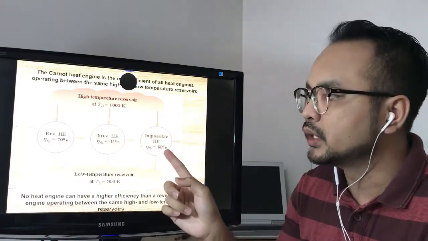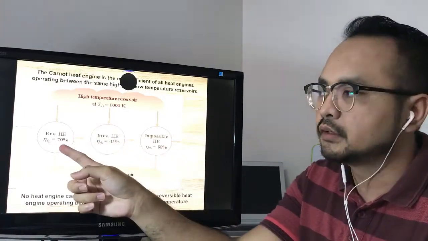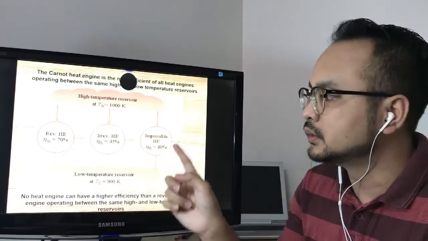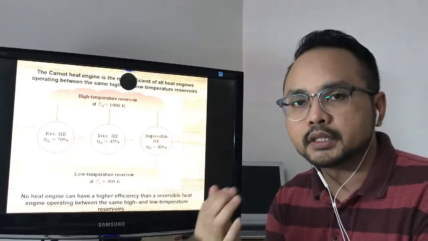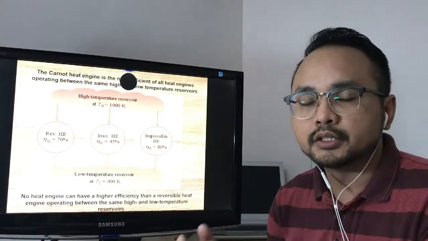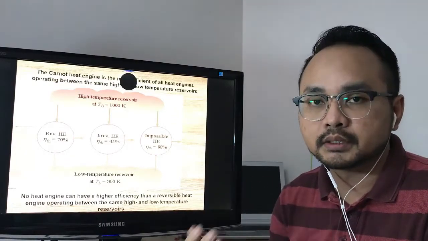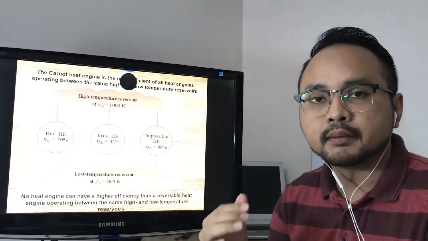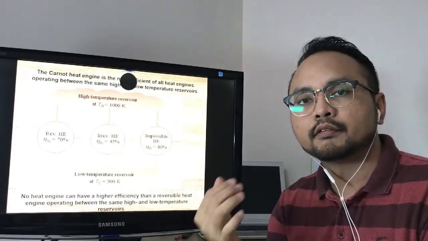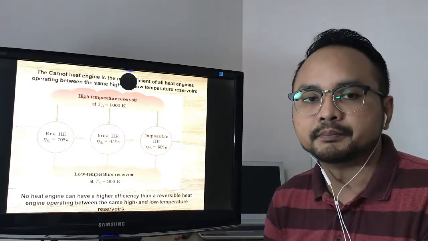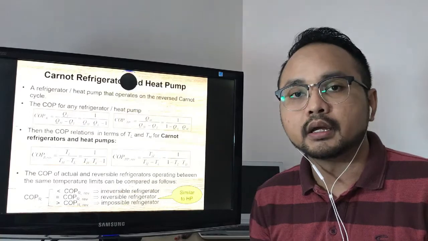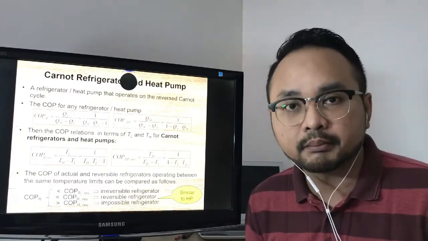If we measure and get more than the thermal efficiency of the reversible heat engine, this is impossible. So the thermal efficiency of a heat engine operated under the same reservoir must not exceed the thermal efficiency of the reversible heat engine. So Carnot can be applied to the refrigerator and also the heat pump.